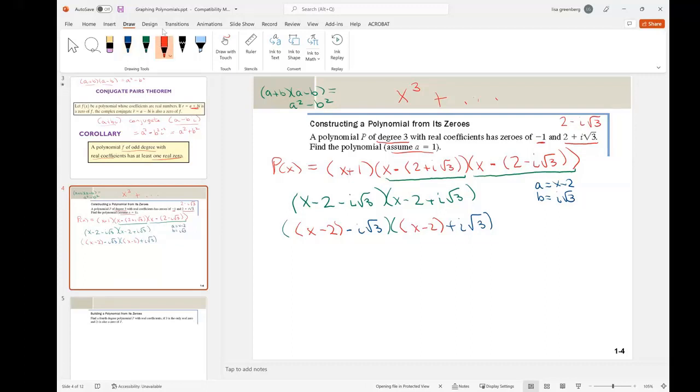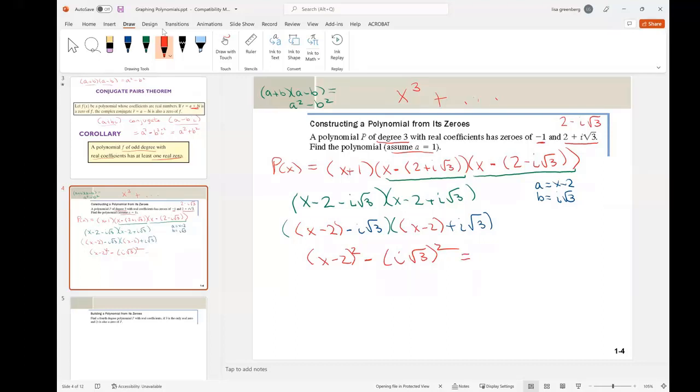I can say this right here is equal to (x minus 2) squared minus (I times the square root of 3) squared, because that's the difference of squares, A squared minus B squared.